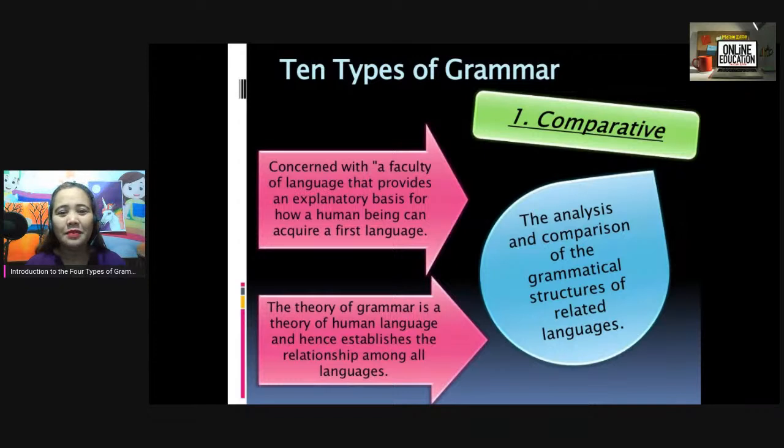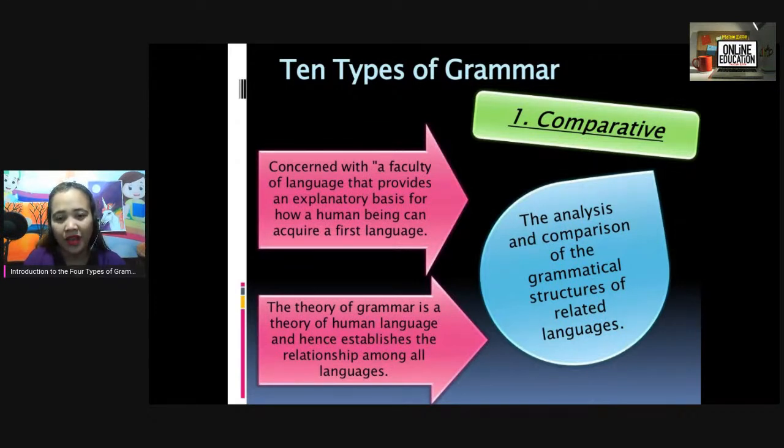Okay. So 10 types of grammar. Number 1, comparative. Comparative is concerned with the faculty of language that provides an explanatory basis for how a human being can acquire a first language. And then the theory of grammar is a theory of human language and hence establishes the relationship among all languages.